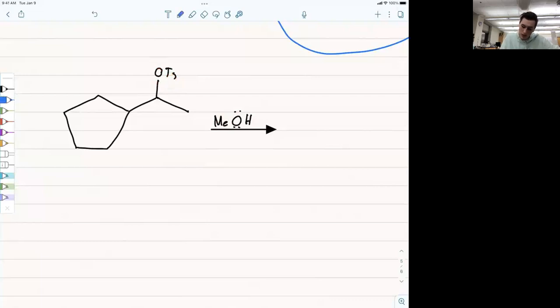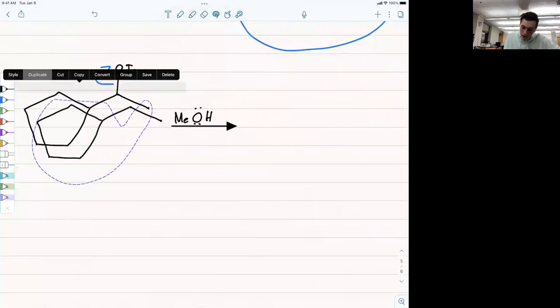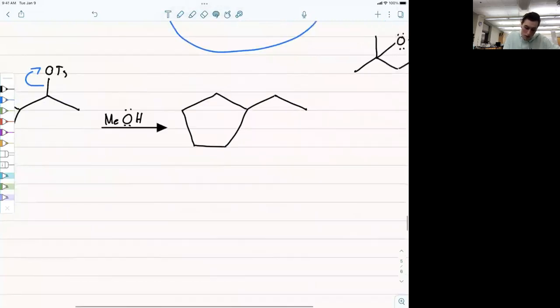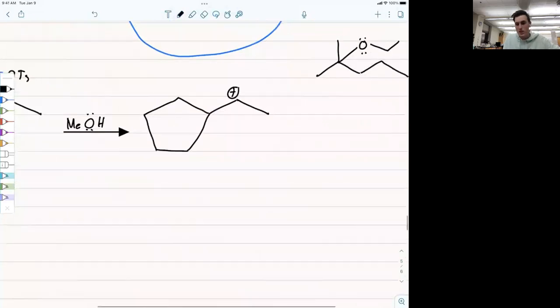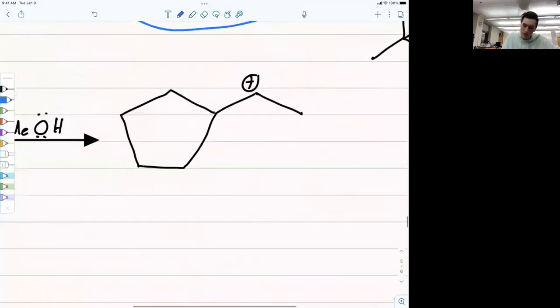So what's going to happen here is my OH is going to come. I'm sorry. First, my leaving group is going to leave. And then what I end up with is my carbocation intermediate. At this point, I have to check for rearrangement. And I'll ask everybody, is there a way that I can get my carbocation into a better position?